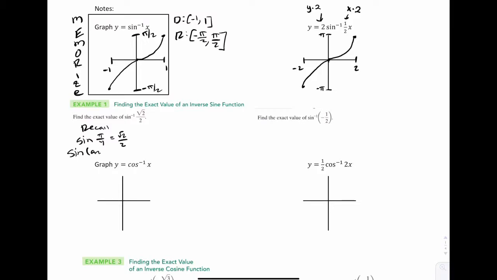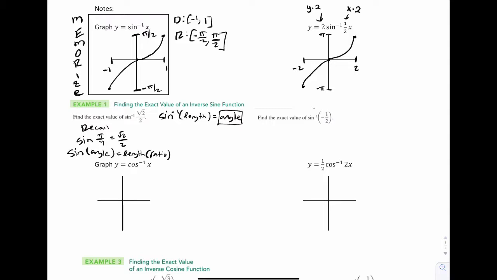Sine of some angle is going to yield some length. To be technical, it's a ratio of lengths, but for now, let's just call it a length. So the inverse function will do the reverse of that. It's going to take the length or the ratio, and it wants to give you back an angle. So for all of these, your answer should be some type of angle.